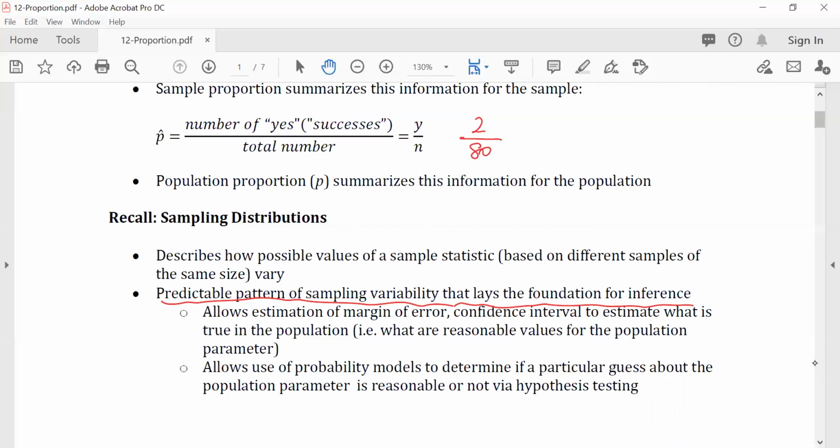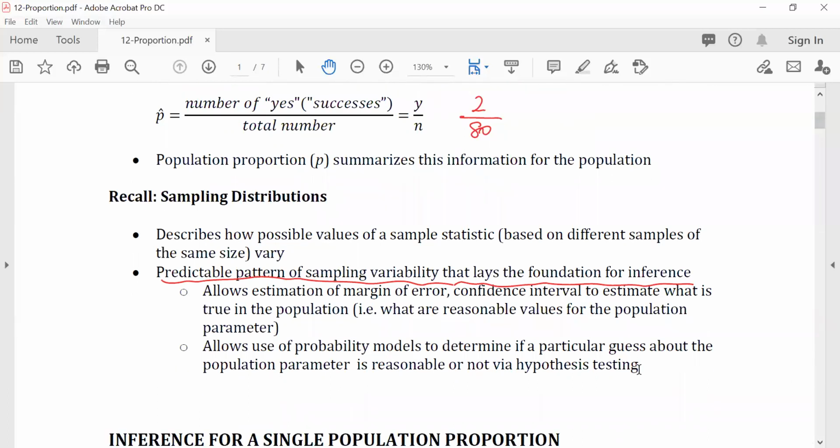That is the foundation to build a confidence interval, right? It will also allow you to use this probability model to determine whether a particular guess about the population parameter is reasonable or not using the hypothesis test.